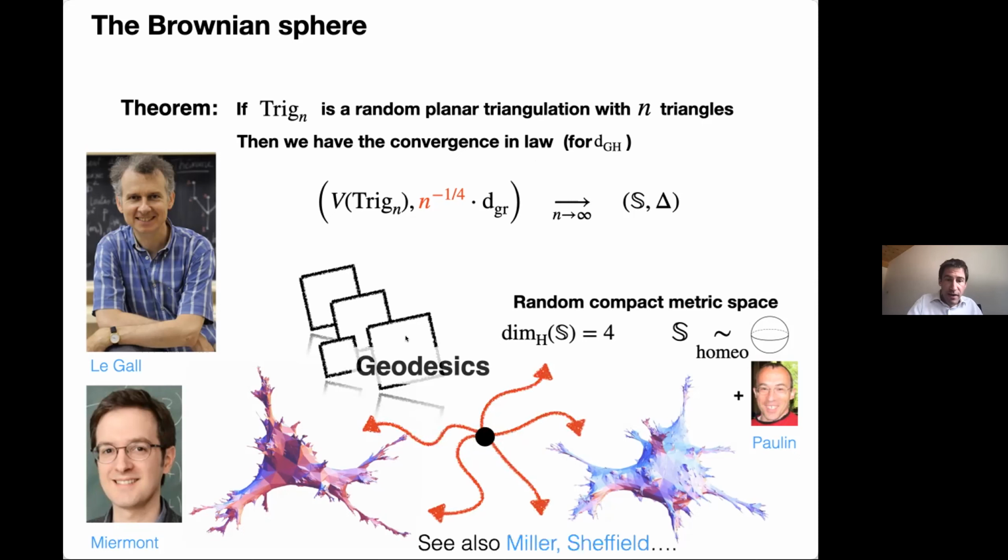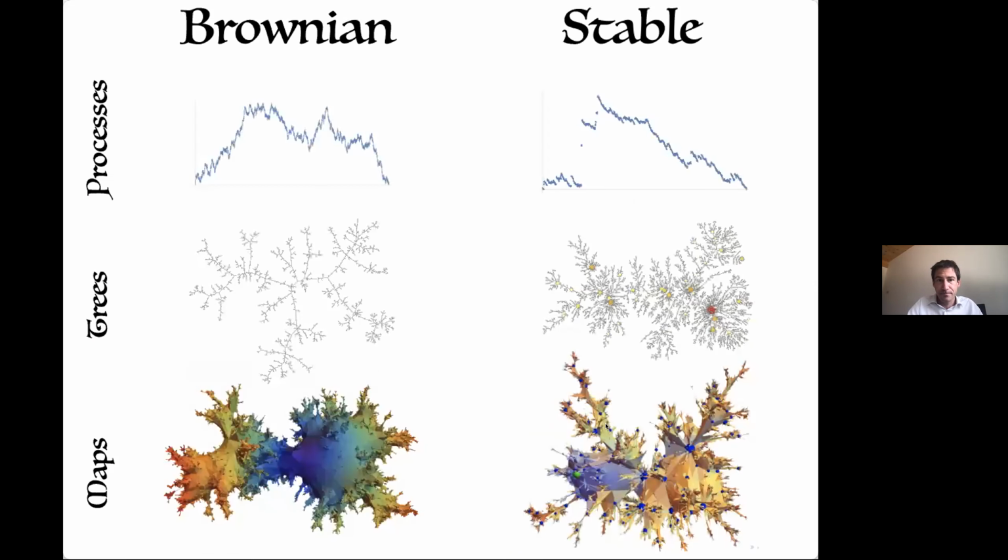Finally, this space has been shown by Miller and Sheffield to appear directly in the Gaussian free field. If you normalize the exponential of the Gaussian free field properly, you can define a metric on the sphere which, seen as a random metric space, is the Brownian sphere. I guess you are all familiar with this work.